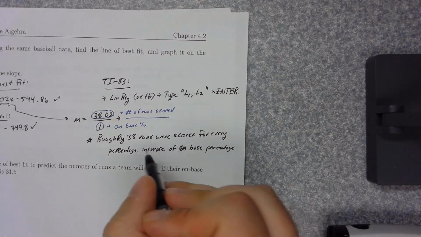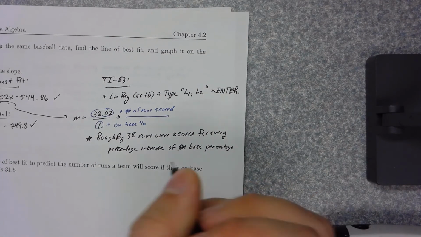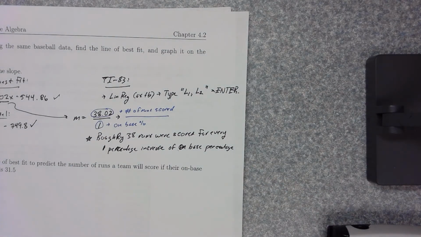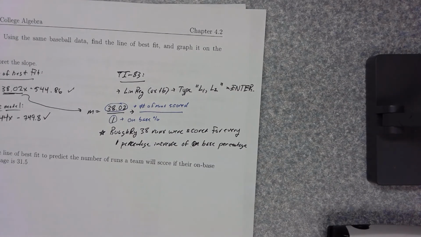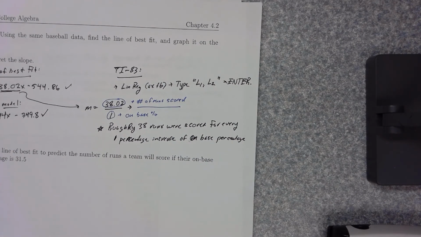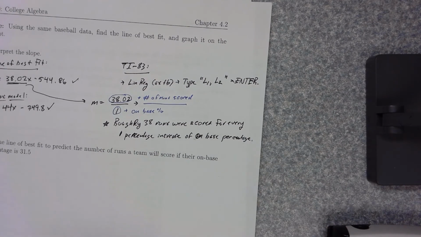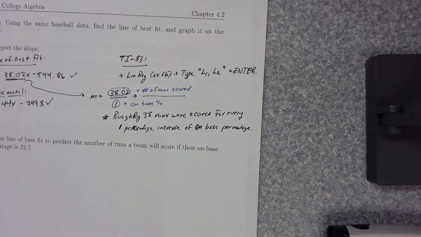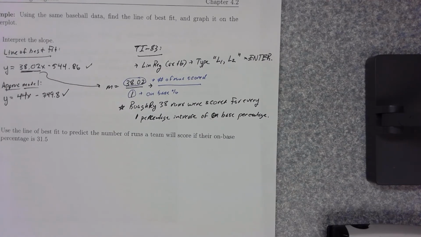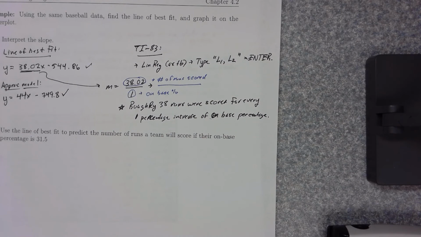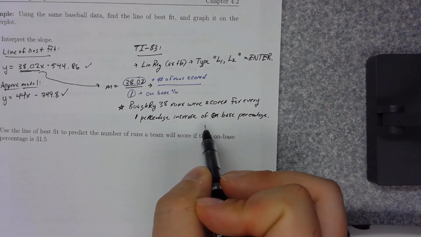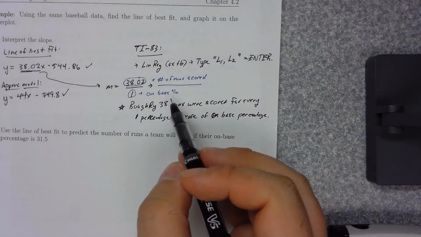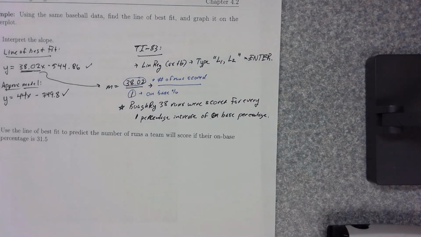So I'll say roughly 38 runs were scored for every 1% increase of on base percentage. Or you could also say for every on-base percentage, the number of runs scored increases by roughly 38 runs.